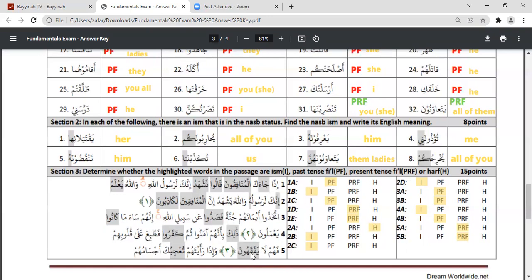And if we see, it is similar to the present tense, that is yansuruna, yafqahuna, right? So this is a present tense, and then it is tu'jibuka. So tu'jibu is, again, it starts with the ta, and this is also a present tense.